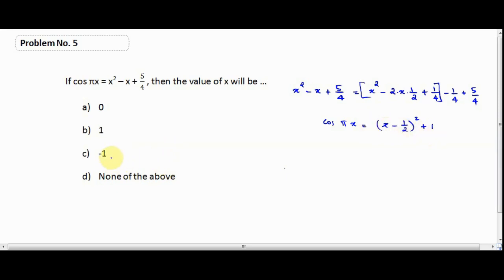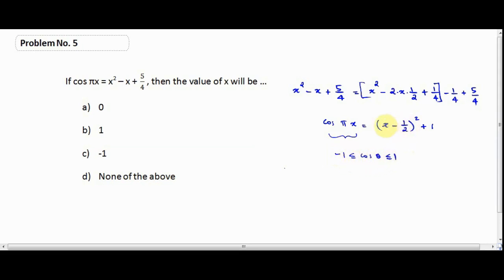And when you substitute minus 1 here, again you will be getting a value which is greater than 1. Here on the left hand side what we have is cos pi x. We know that the value of cos theta lies between minus 1 and plus 1, so it can never go greater than 1.